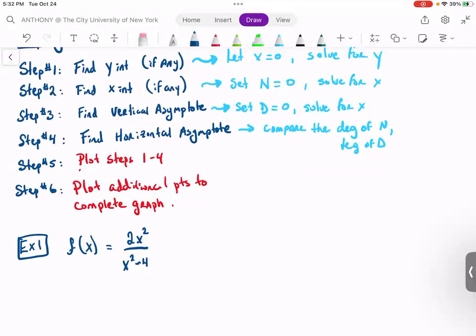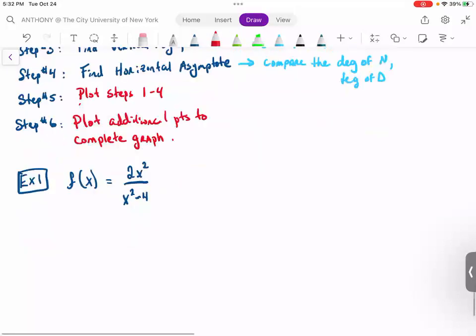For your step number 1, you have to find the y-intercept. To find the y-intercept, all you have to do is set x equal to 0. So for your y-intercept, we're computing essentially f of 0. So this means that you have 2 times 0 squared over 0 squared minus 4. All right, let's do the arithmetic.